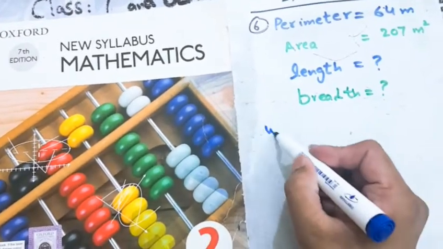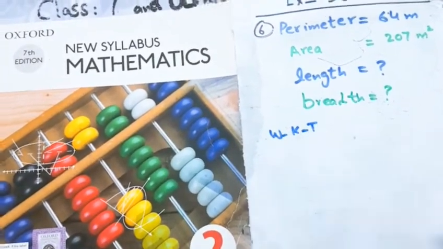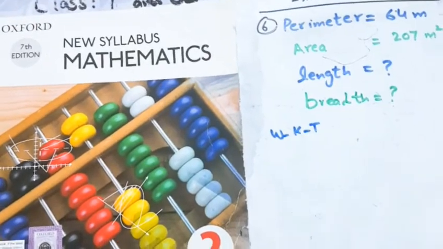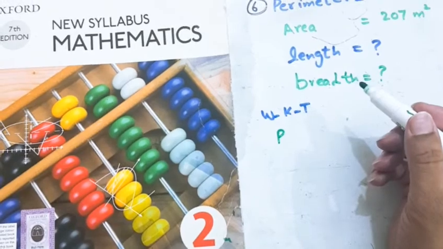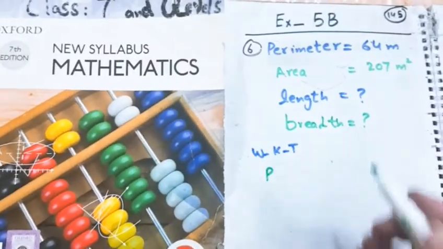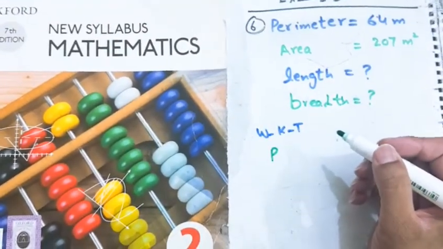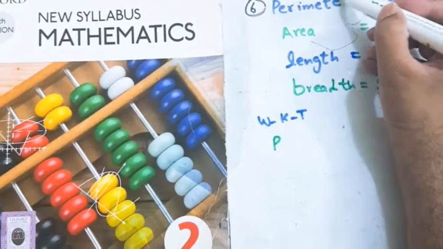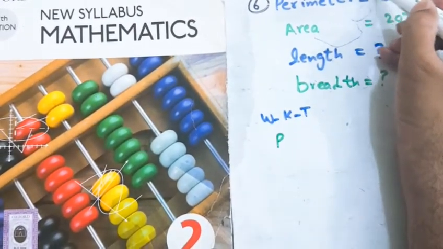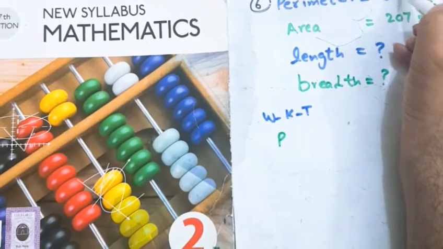We know that perimeter is given by... what kind of perimeter are they talking about? Sorry, I should have mentioned it at the start. The perimeter of a rectangle, a rectangular shape.